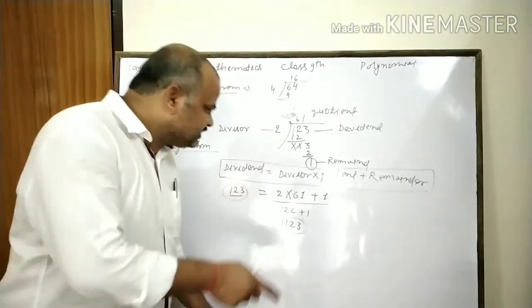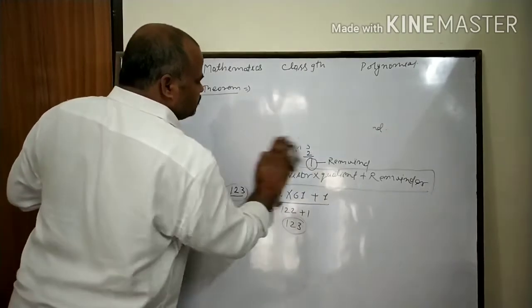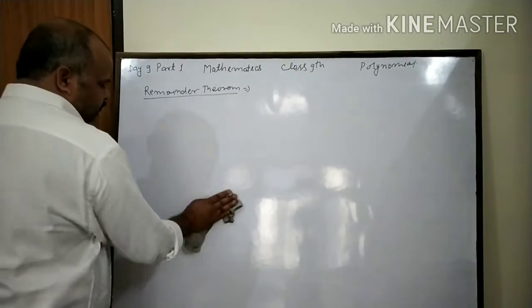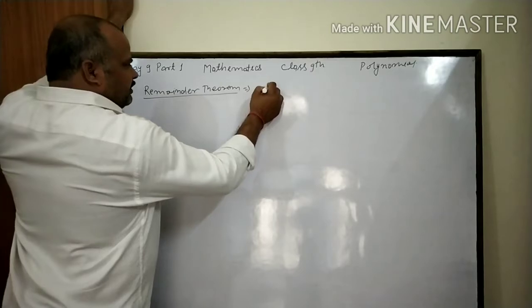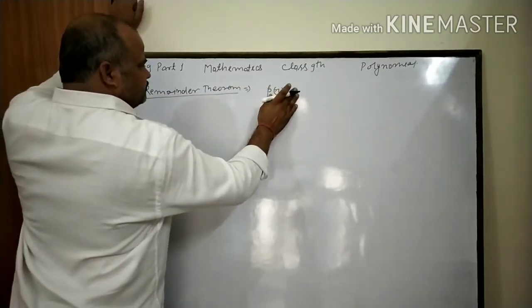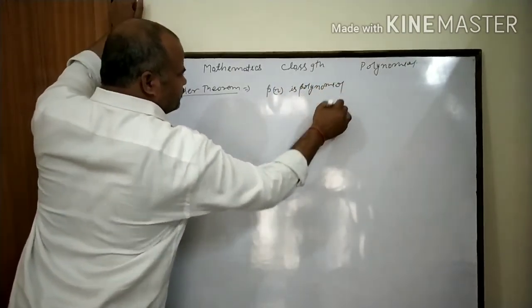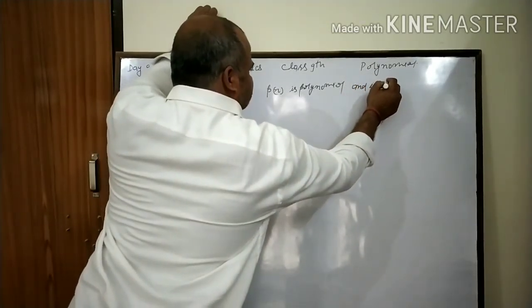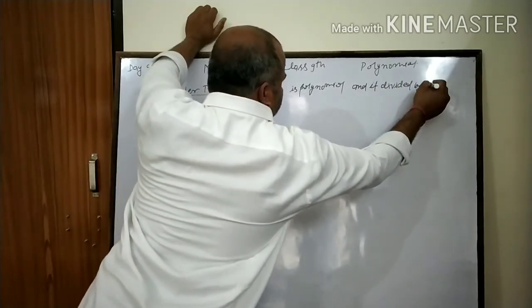Okay, now this system applies for the polynomial. See here p(x) is a polynomial and it is divided by g(x).